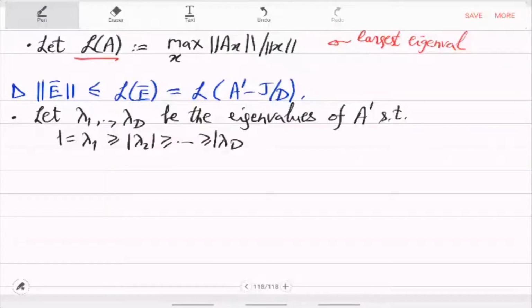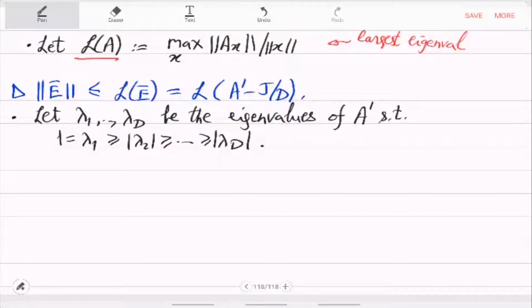A prime comes from G prime, a graph with number of vertices big D, right? So it has big D many eigenvalues starting from 1, and we are interested in how small lambda 2 is, the magnitude.